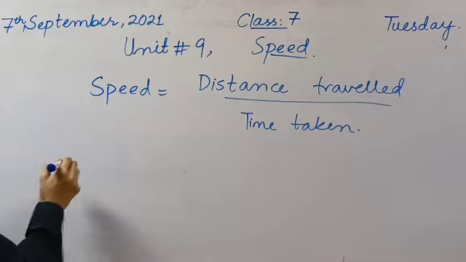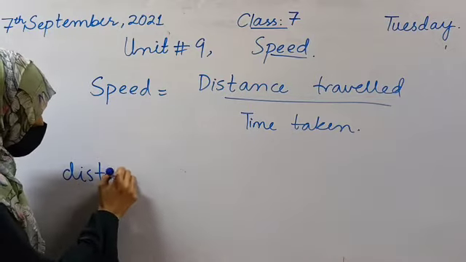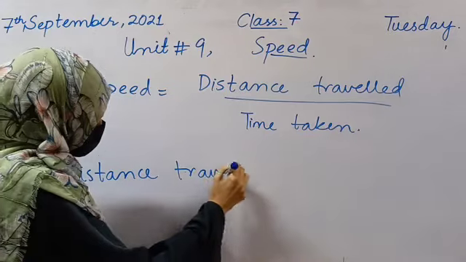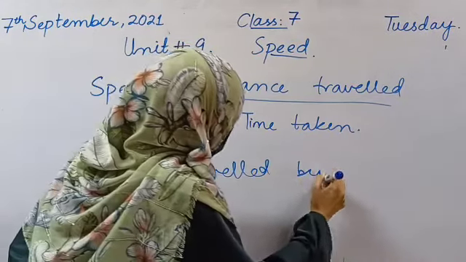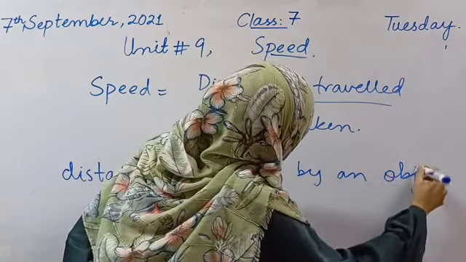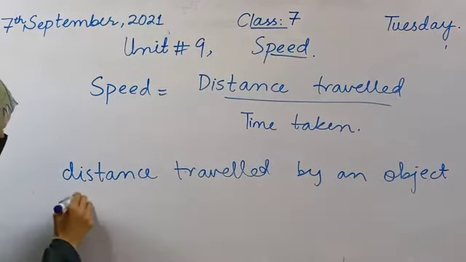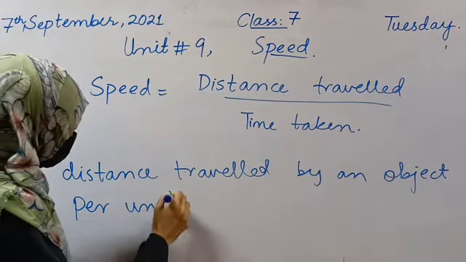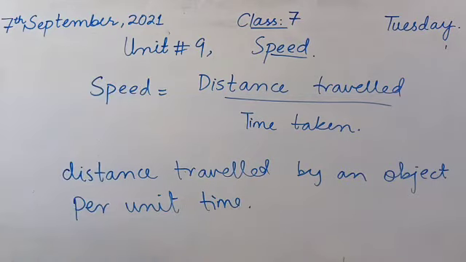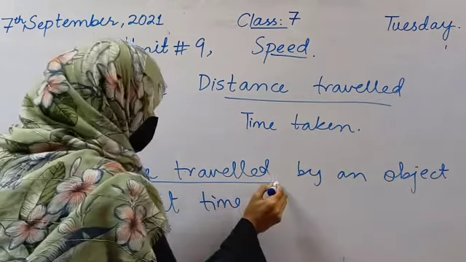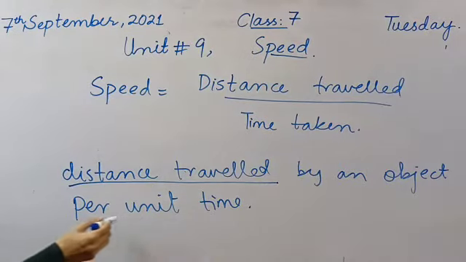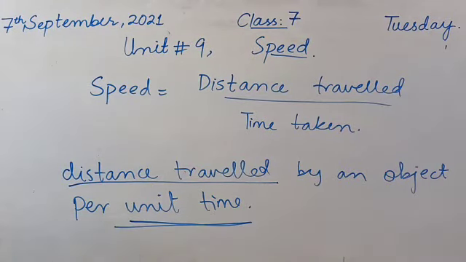Distance travelled by an object per unit time. Through this definition we derive the formula: distance travelled per unit time.